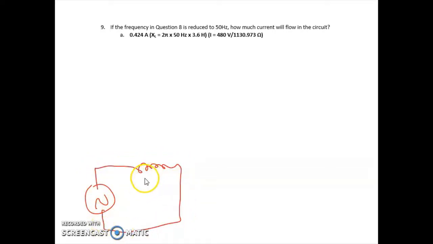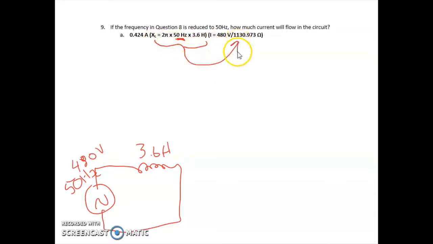Number 9, same circuit, but the frequency is reduced to 50 hertz. So we have 3.6 henries, we have 480 volts, we now have 50 hertz. And just doing the same thing we did in the last problem, but now we're using 50 hertz in this formula.